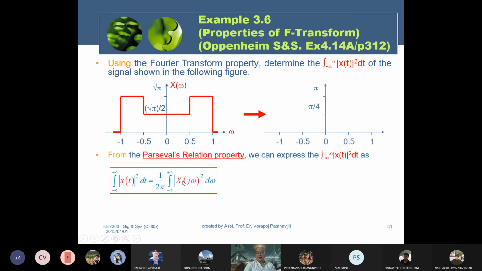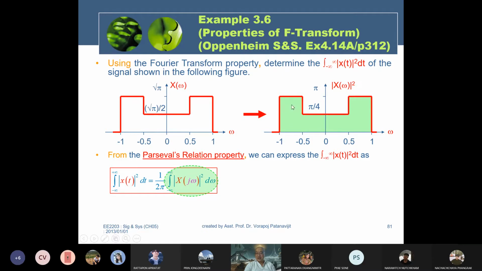Using the Parseval relation, you have x(t) and its Fourier transform, and you want to find the integral of x(t) squared. It is equal to the integral of |X(ω)| squared, taking the square in the magnitude sense, equal to the square root of pi squared, which gives you pi, and so on. After that you integrate. The integration means you want to find the area under this graph.